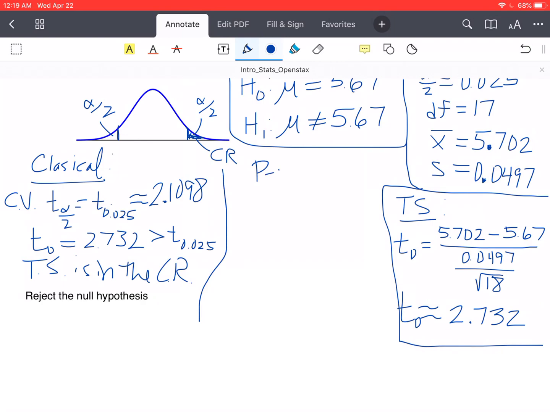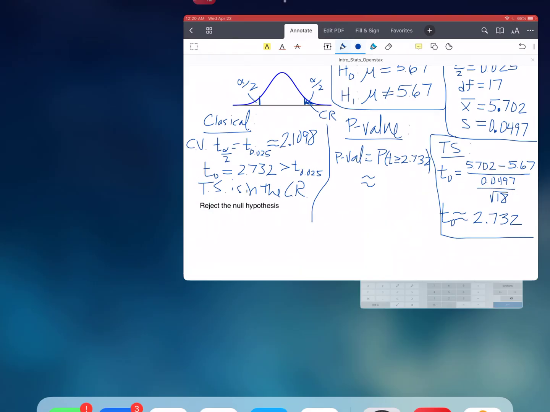And then let's look at the p-value. Our p-value is going to be the probability that t is greater than or equal to 2.732, given, of course, that the null hypothesis was true. We can do that.